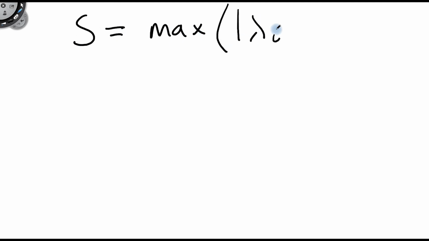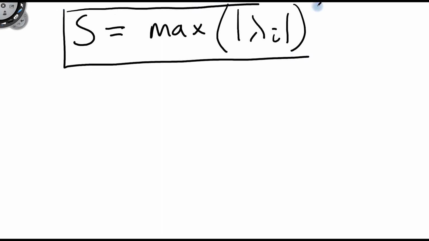Let's write it up again because it's so important. S is the max absolute value of your eigenvalues. It's all been a bit theoretical today, but next time we'll look at a 2 by 2 example.